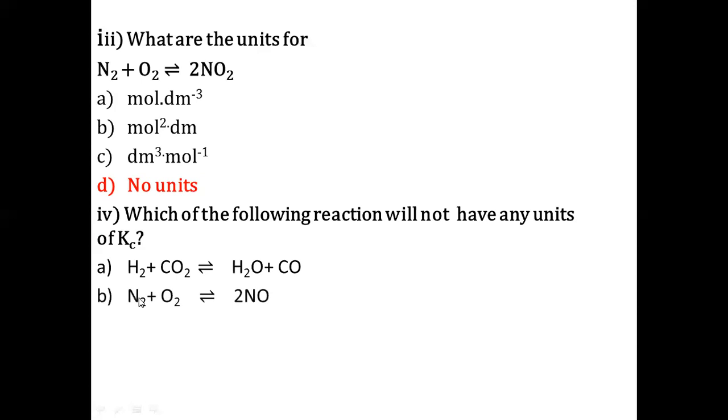Second case, 1 plus 1, 2 moles are the reactants and 2 moles are the products. Again, no unit of Kc. 2 plus 1, 3 moles are the reactants, 3 moles are the products, no unit. So in all of these 3 cases, Kc will have no unit, because the number of moles of reactants is equal to the number of moles of products.